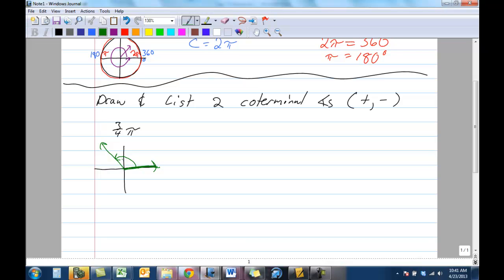Now, yesterday when we were doing degrees and finding coterminals, we added and subtracted 360 degrees. Instead, today we're going to add and subtract 2 pi. Actually, think of pi as like x, so we need to add and subtract 2 to this 3/4.